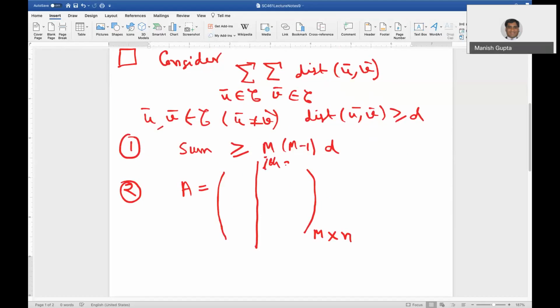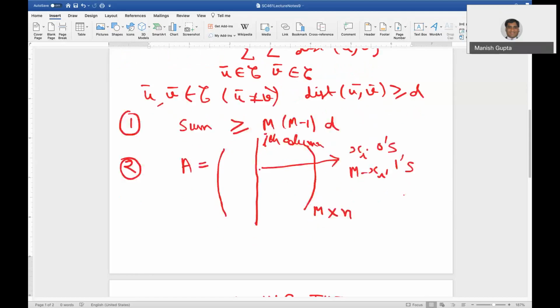Now I would like to see how much the ith column contributes in this sum. Basically, if we assume that in this column there are xi zeros, then M minus xi ones will be there, right?